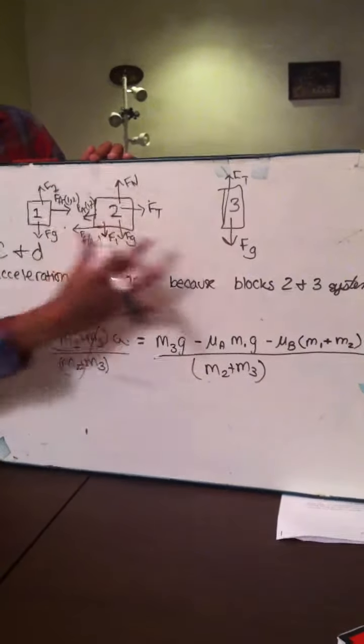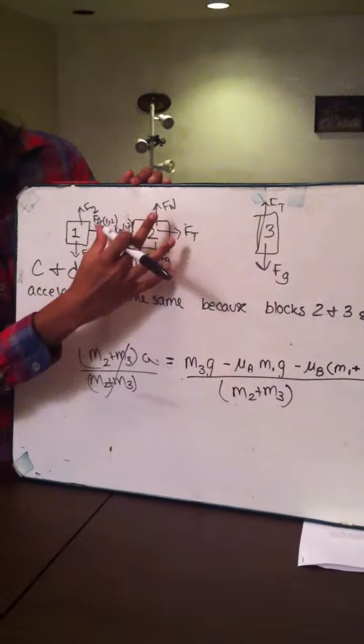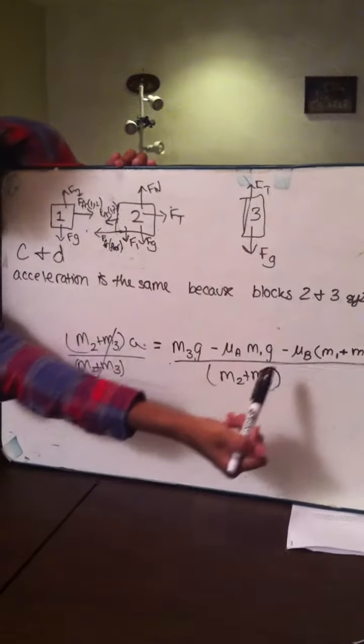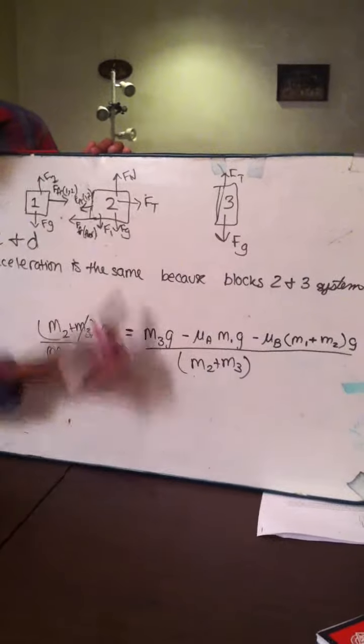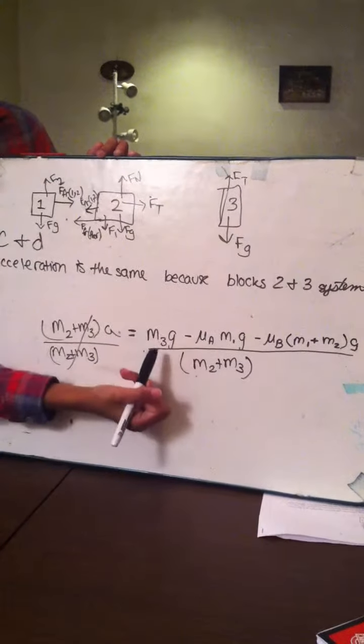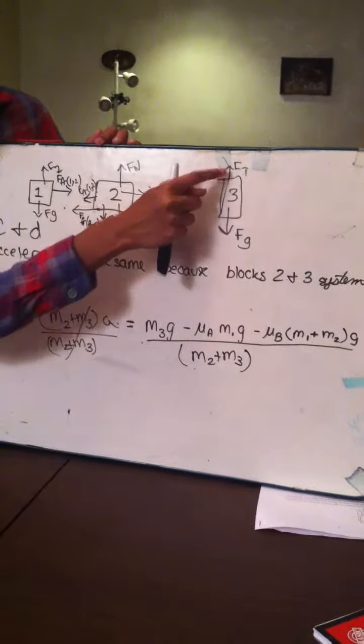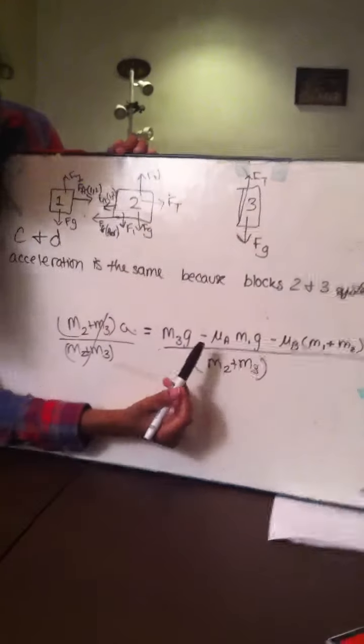So if you just concentrate on box 2 and look at the forces there, you get this equation, because the force of tension is pulling it down, so that's the biggest force, so it's M3g, because the force of tension is equal to the force of gravity.